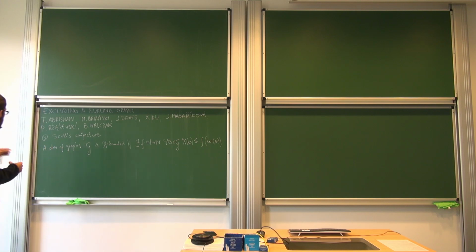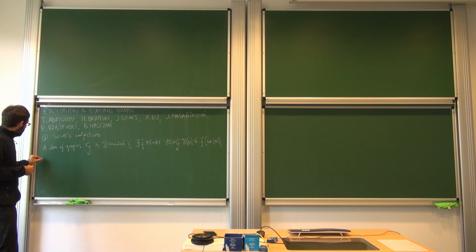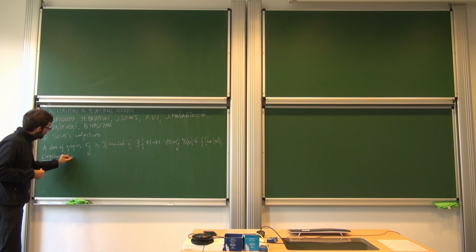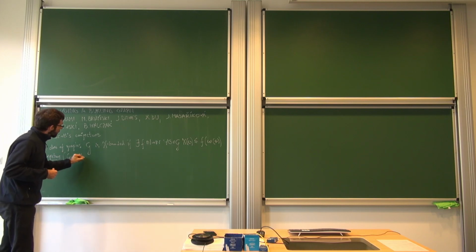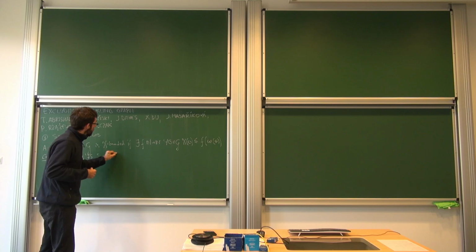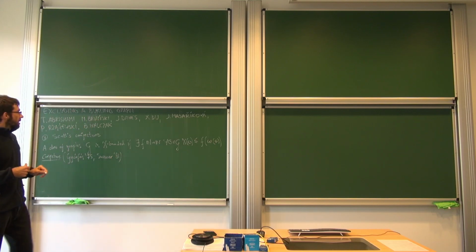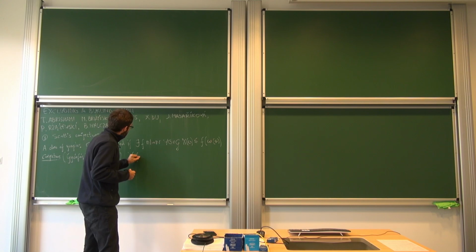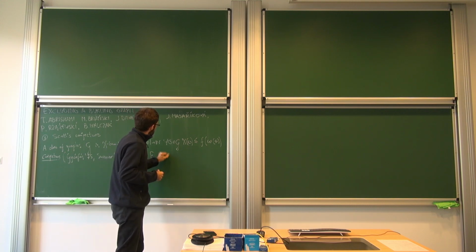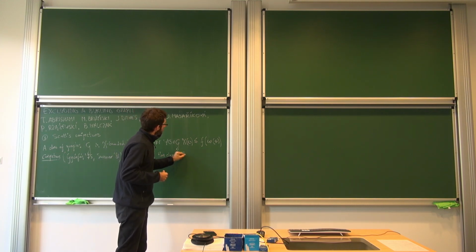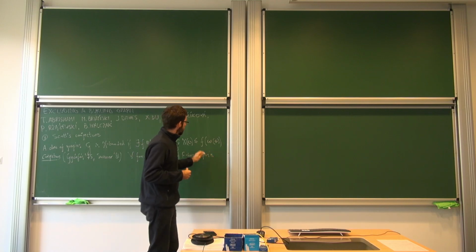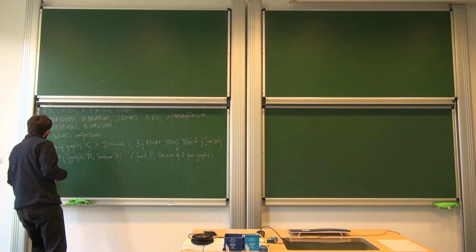So here we have this very famous Gyárfás-Sumner conjecture. Gyárfás in '78 and independently Sumner, I guess in '81, conjectured that for every forest F, the class of F-free graphs is chi-bounded.